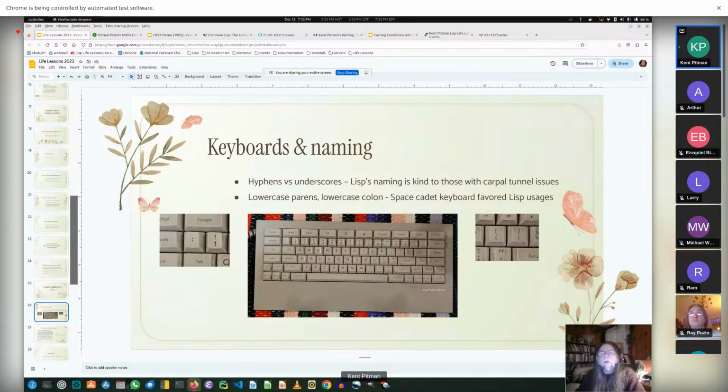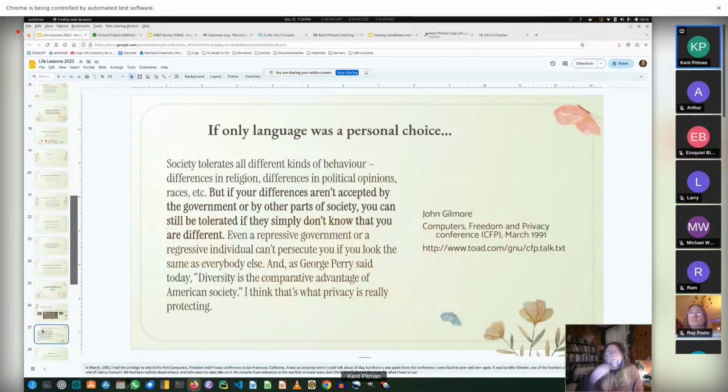But there were extra parentheses in a lowercase position for people that didn't feel like shifting. Also, rub out was in a completely different place, where the very useless caps lock key got repurposed to rub out. And that was super useful to be able to hit rub out without taking your fingers off the home row. So those were just some ergonomic issues that manifested in hardware that I thought were interesting.